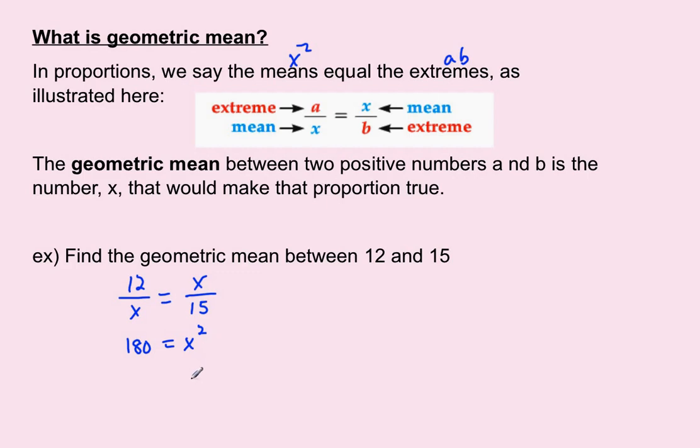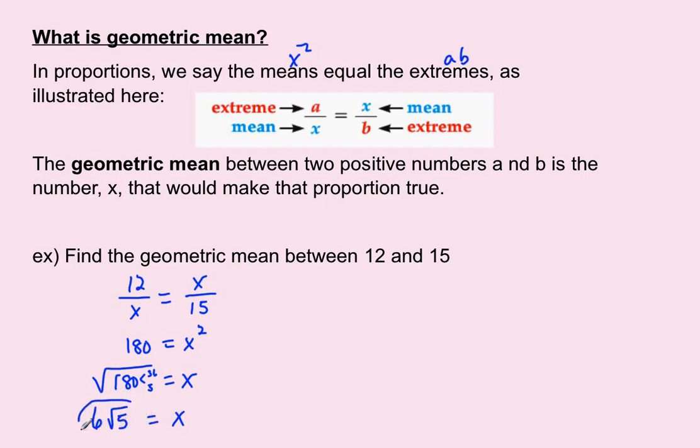I square root both sides, and I get that x equals the square root of 180, which I of course then simplify. That's 36 times 5. So x equals 6 times the square root of 5.